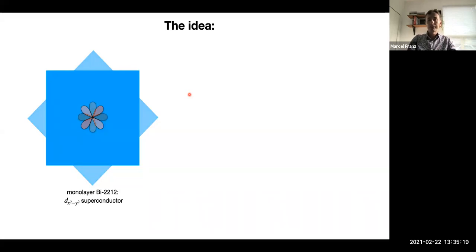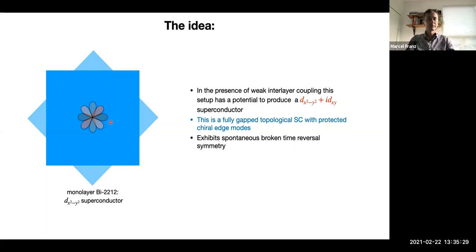When the two layers are coupled, namely you allow electrons to tunnel in between, you get a picture something like this. And when you stare at this picture for a moment, what it reminds me of is a dx squared minus y squared plus i dxy superconductor, or D plus iD.